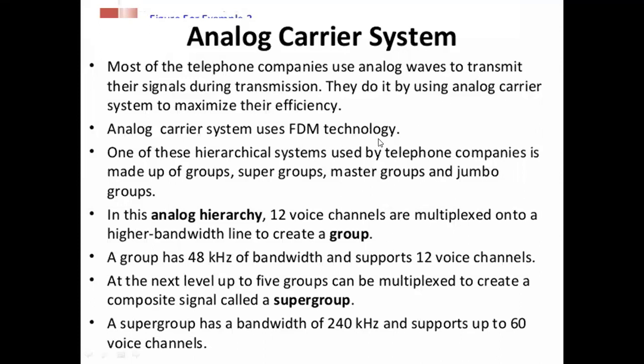The analog carrier system uses the FDM technique. One of these hierarchical systems used by telephone companies is made up of a group, super group, master group, and jumbo groups.